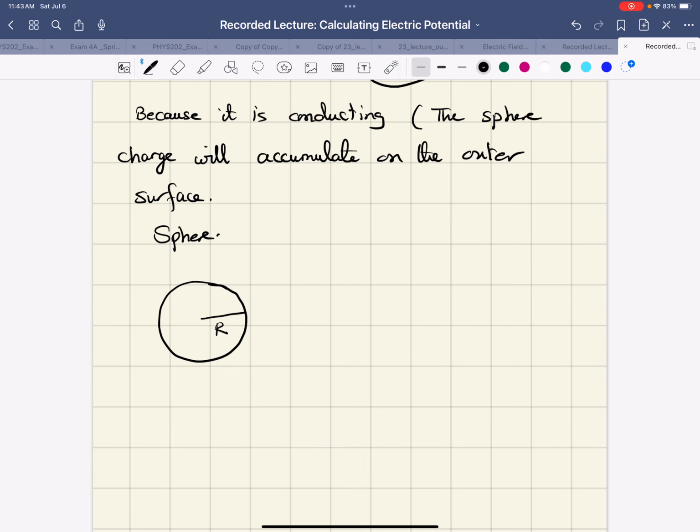Here my point P is outside, and this is my R, and this is Q. It has a charge of Q. Now we can say that V at any point R minus V at infinity should equal minus the integral from infinity to the point of E dot dr.